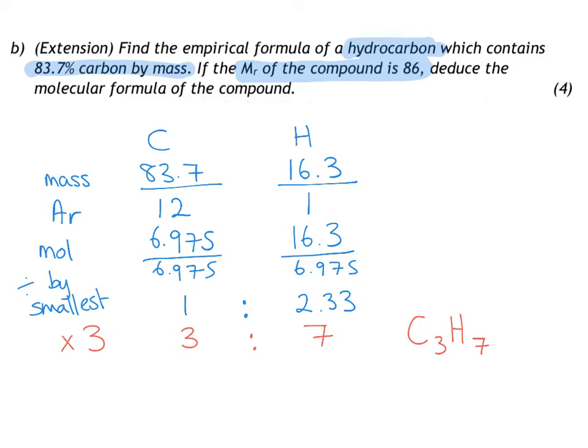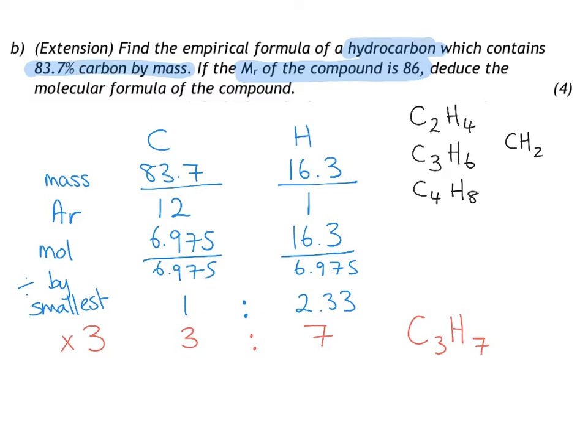So if you're struggling with this, an example, if you think about alkenes, they all have the formula CnH2n. So there's ethene, and there's propene C3H6, and there's butene C4H8. Can you see that they would all have the simplest whole number ratio, because they all have the same relationship between carbon and hydrogen?